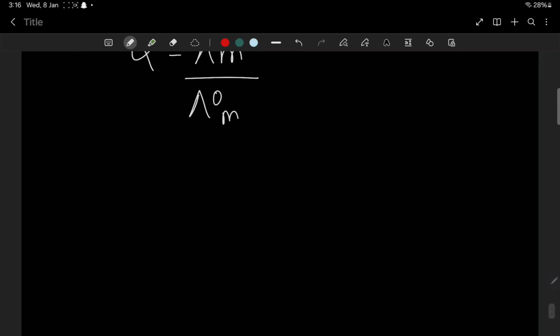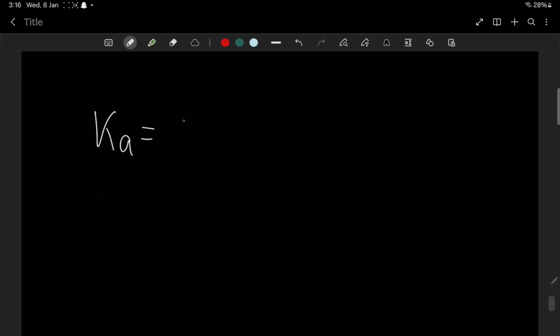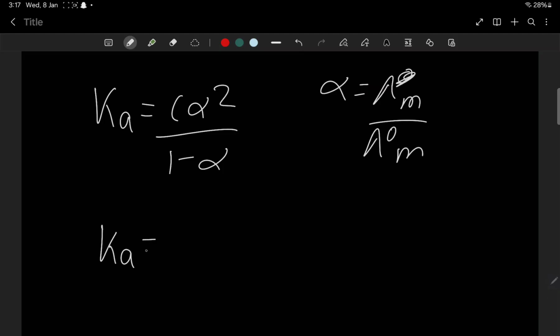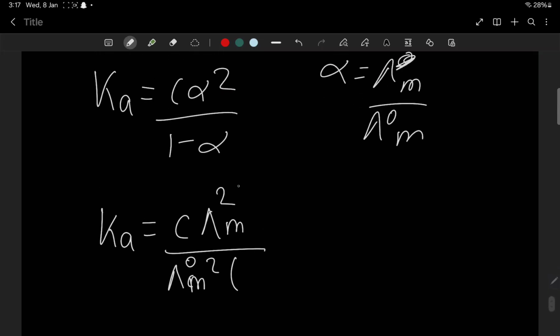Then what is the Ka for the electrolyte? You know that the Ka value is C alpha square by 1 minus alpha. Alpha is equal to lambda m by lambda naught m, right? So Ka equals C lambda m square by lambda naught m whole square, times 1 minus lambda m by lambda naught m.